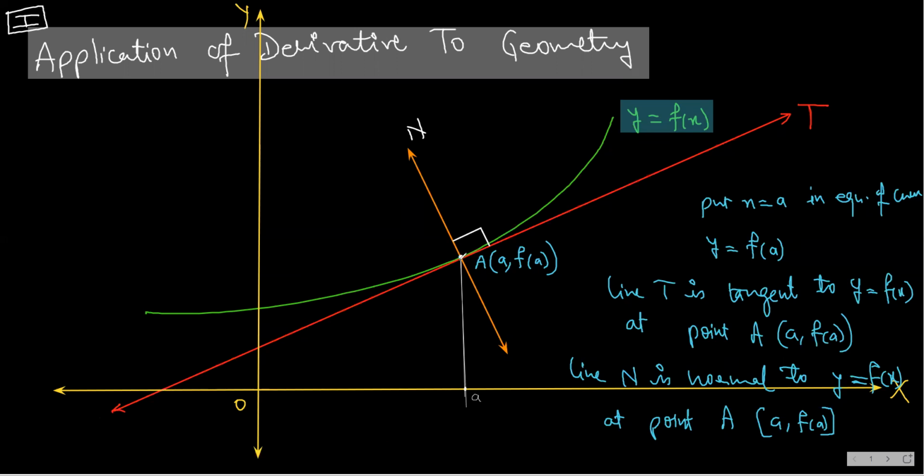See here, the one point on the line in this diagram is a, f of a, but while writing the steps, I considered it to be x1, y1.